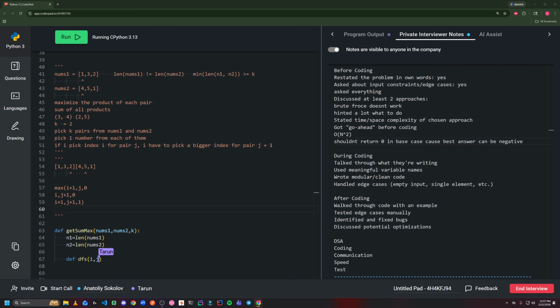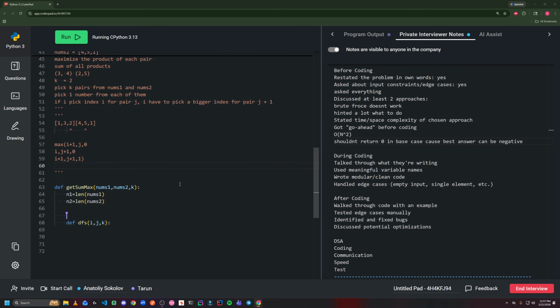I'm going to keep track of the variable size a, k, i equal to 0, j equal to 0. So here the base case is if i is 1, or j reaches the limit, I'm just going to return 0 for that case.